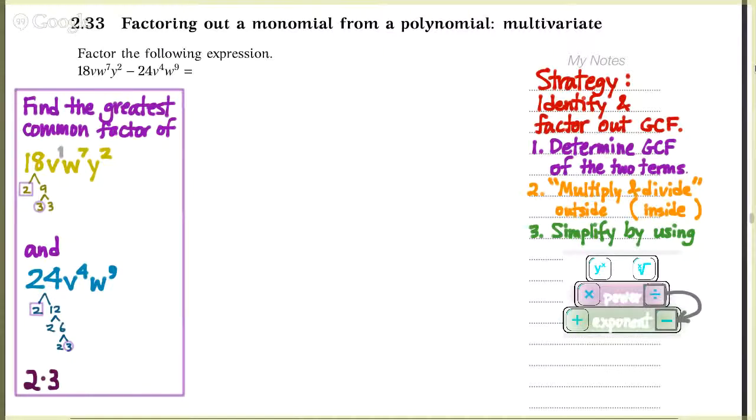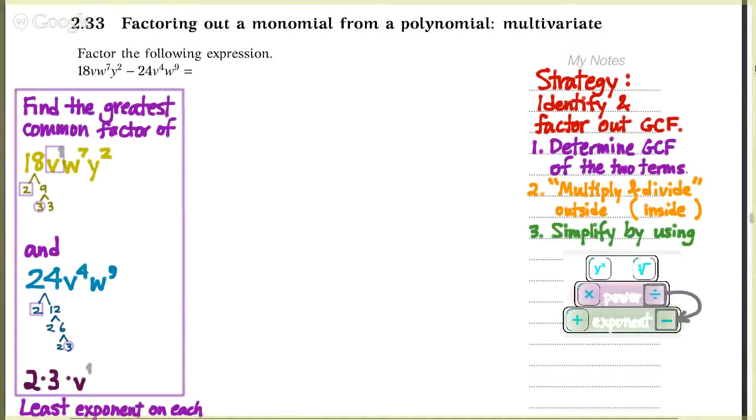Now how about the variables? Remembering that v from the first term has a secret exponent of 1, our shortcut technique is to compare the powers of v and the powers of w and the powers of y from the first and the second expressions, and choosing the ones that have the smaller exponents. So when we think about our powers of v, the first expression has one factor of v, the second has 4.